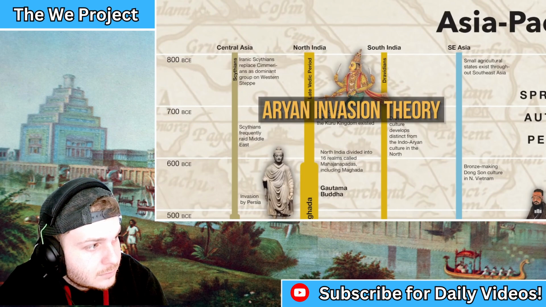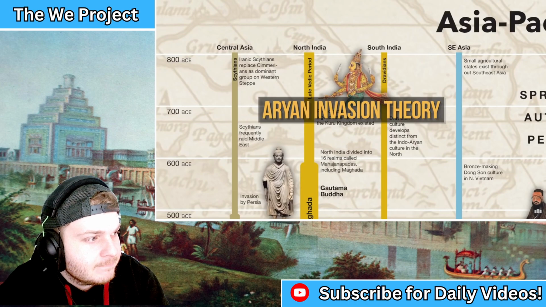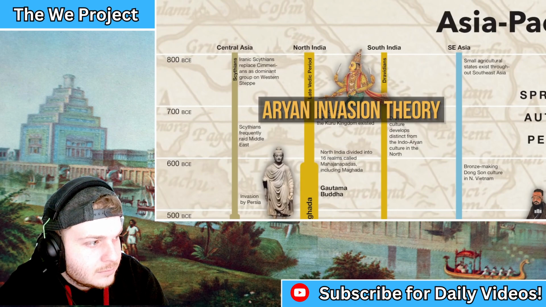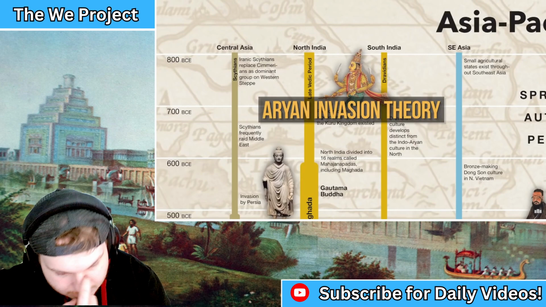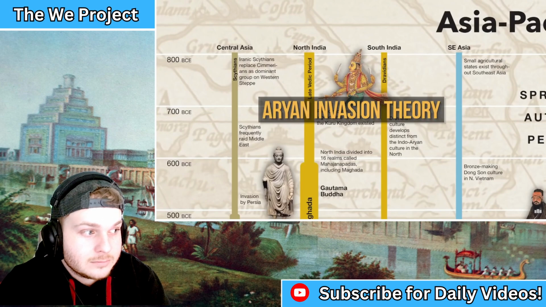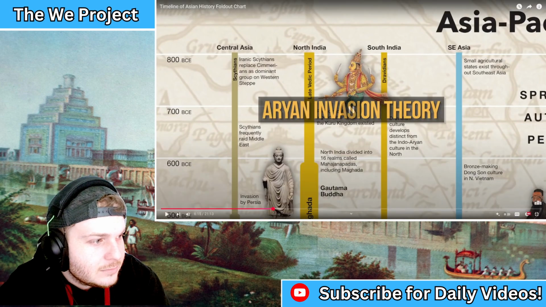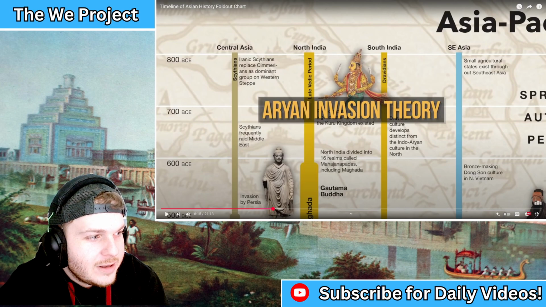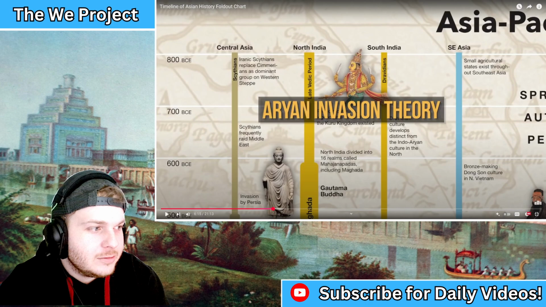These Aryans were also said to be the ancestors of Northern Europeans, which is why the British colonizers of India were so keen on the theory, and why the Nazis later picked up the word Aryan and used it to push their racist ideology. Oh, so the Germans hijacked this word, basically.